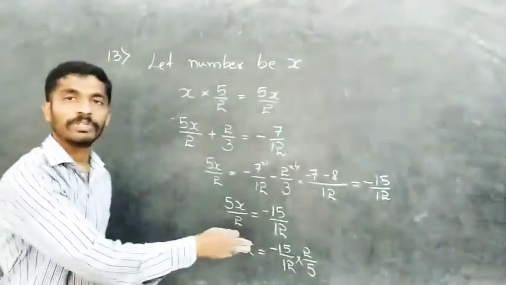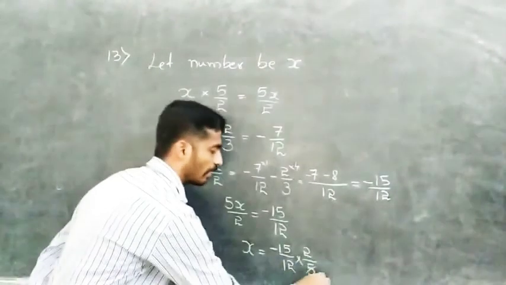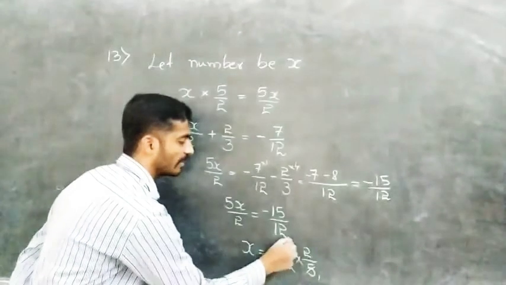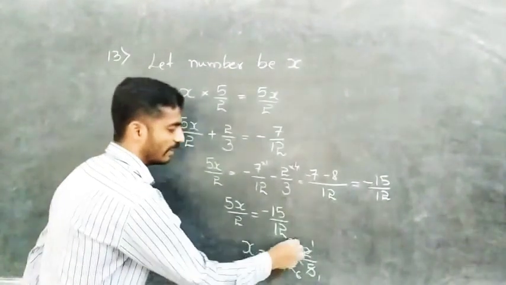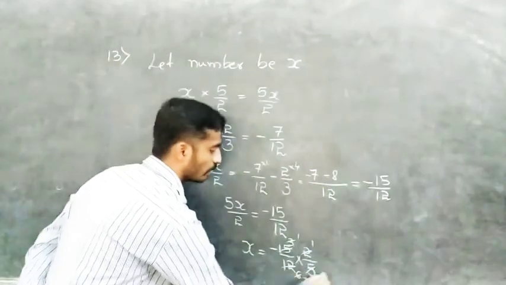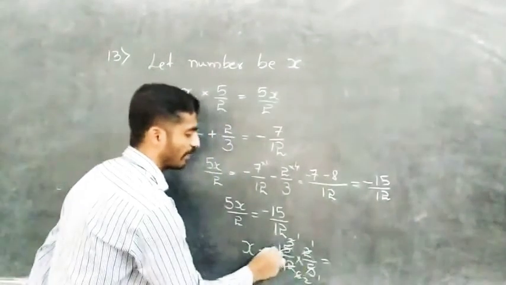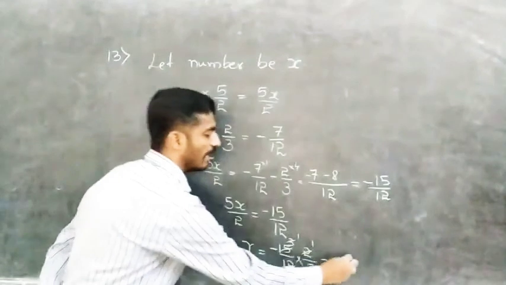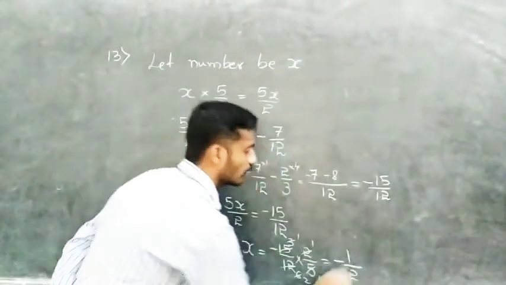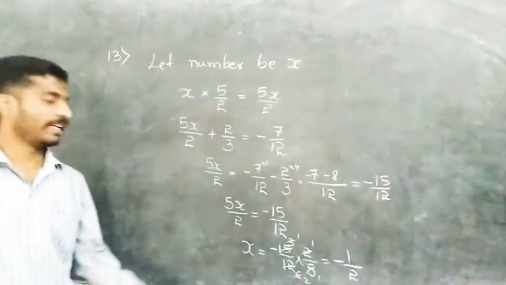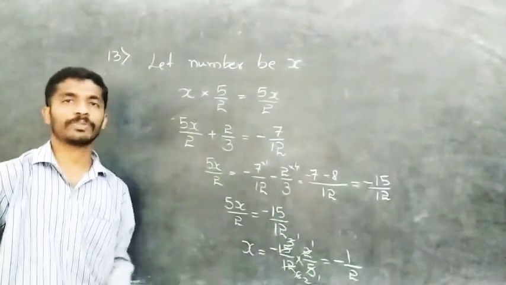So now you divide them. 5 ones are 5, 5 threes are 15, 2 ones are 2, 2 sixes are 12, again 3 ones are 3, 3 twos are 6. So what left? Here minus is there, minus, and 1 ones are 1, 2 ones are 2. So the required rational number is minus 1 by 2.